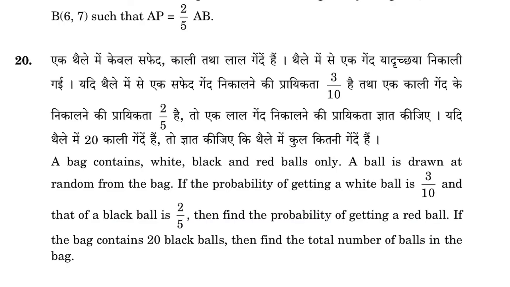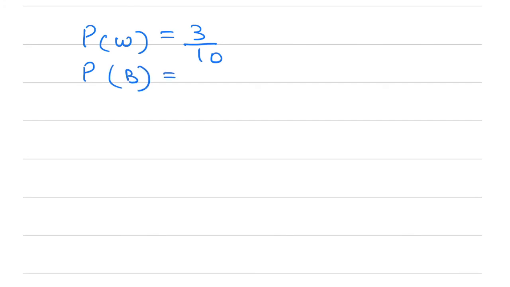20th question, last question of this section. In this question, there is a bag containing white, black and red balls only. A ball is taken out at random, and the probability of getting a white ball is 3 by 10, and the probability of getting a black ball is equal to 2 by 5.